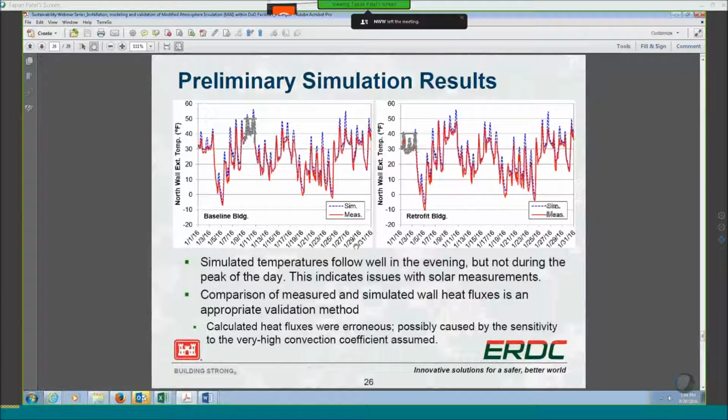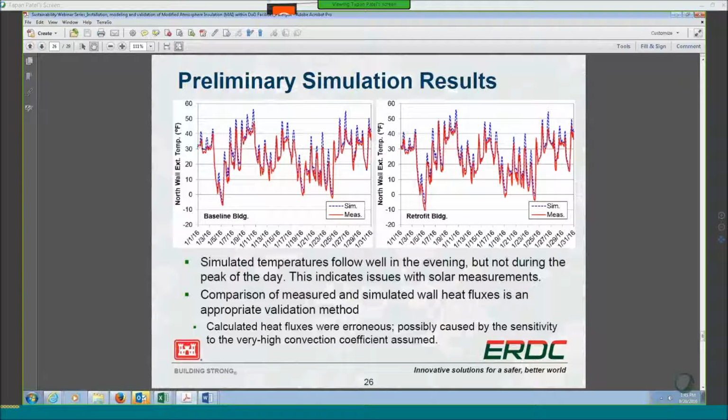And it's a little bit interesting, actually. In each of these graphs, this is the baseline building on the left, and on the right we've got the retrofit facility. The red line is the measured exterior wall temperature given all our initial boundary conditions, and the blue is the simulated.